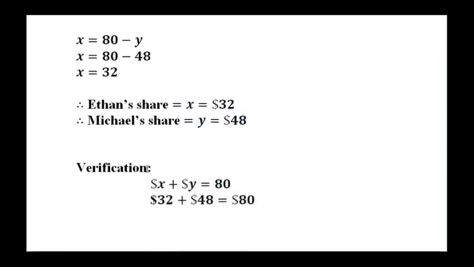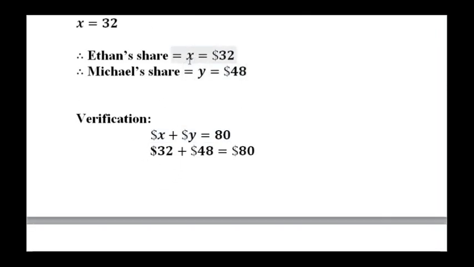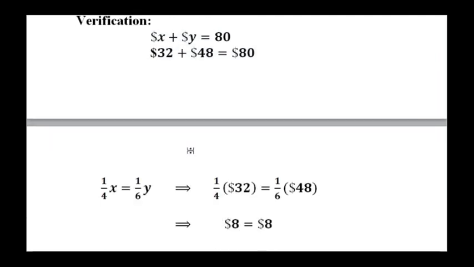You can also verify the solution by substituting the values of the variables x and y into equations 1 and 2. Equation 1, x dollars plus y dollars equals 80, becomes $32 plus $48 equals $80.